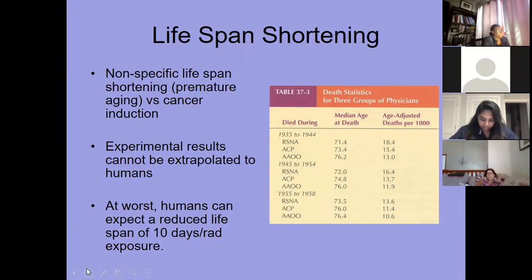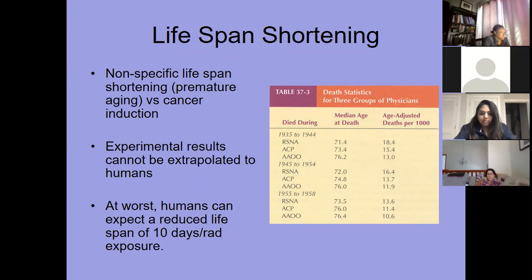And at worst, humans could expect a reduced lifespan of 10 days per rad exposure. That would be 10 days per centigray exposure.